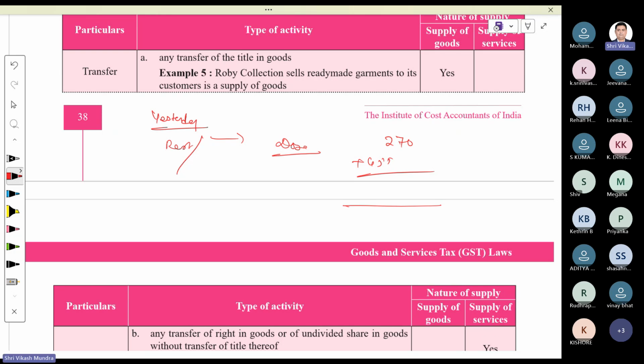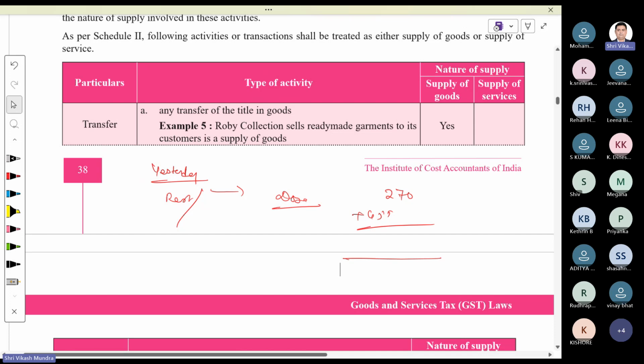It depends on this. If there are two different threshold limits, then we need to identify what type of supply I have made. For that purpose, we need to identify whether the particular supply is a supply of goods or a supply of services.